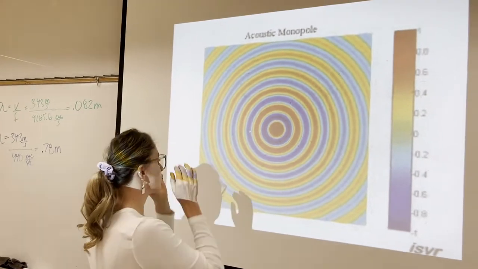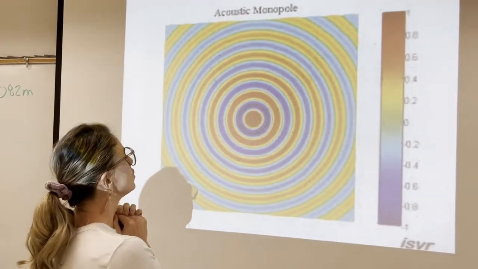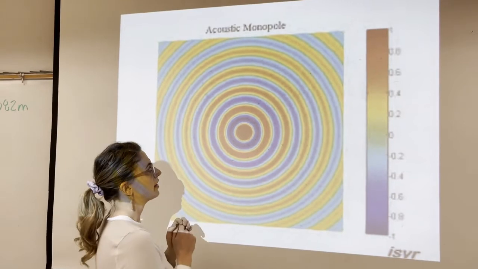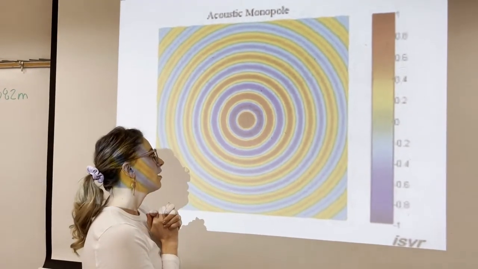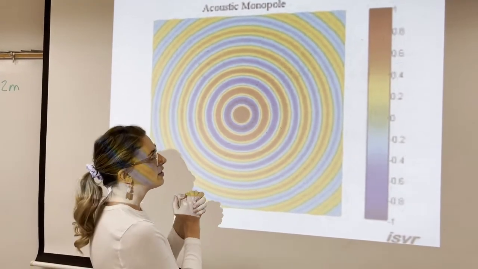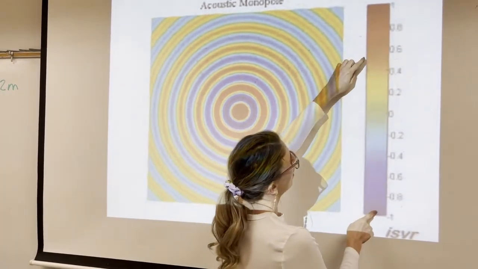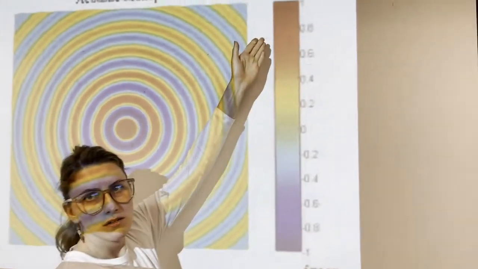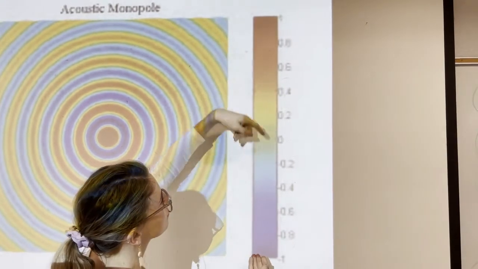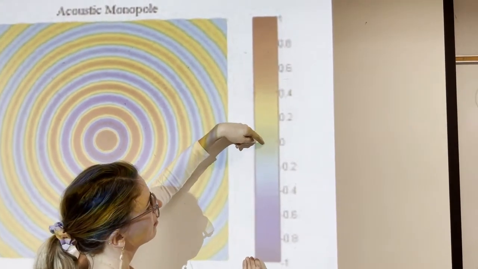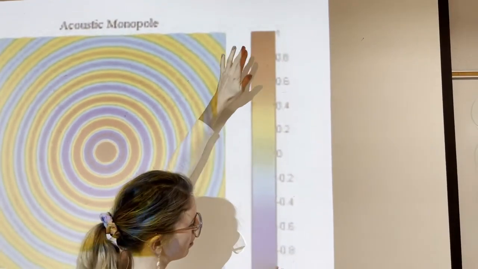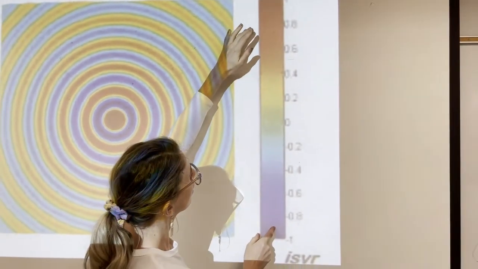This is also a really cool visual. Again, the middle part is the source, the origin, and the colors represent the pressure. Zero in the middle is kind of green, high pressure is dark red, and the lowest pressure is dark blue.